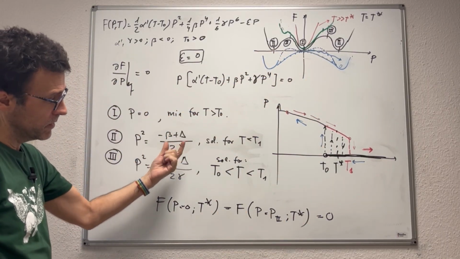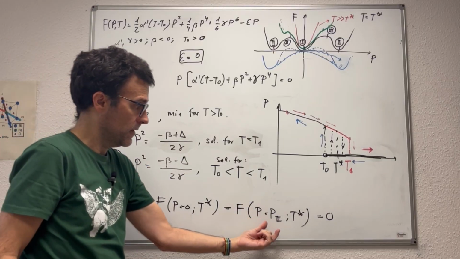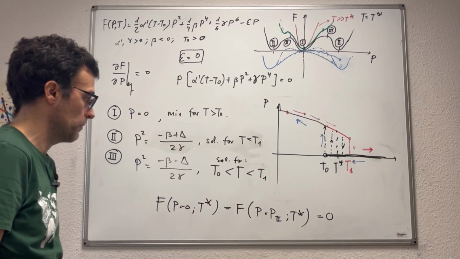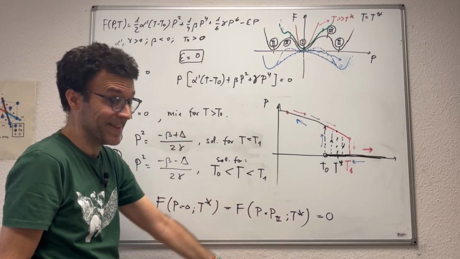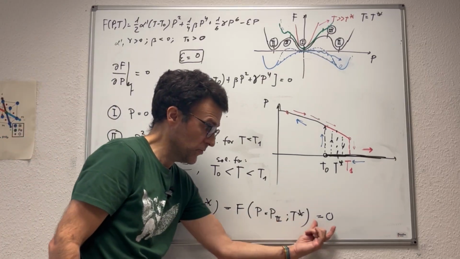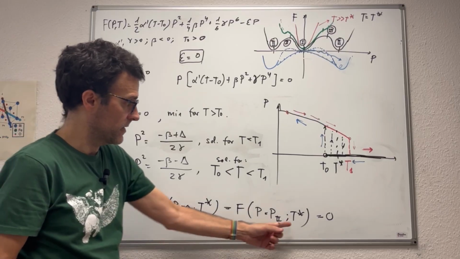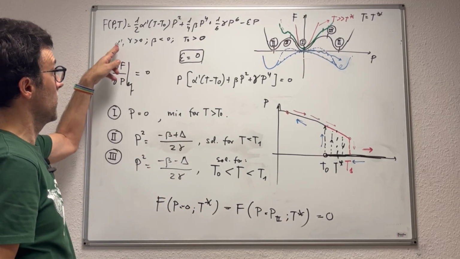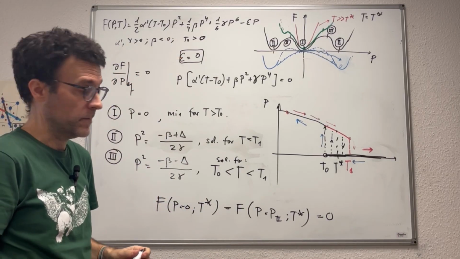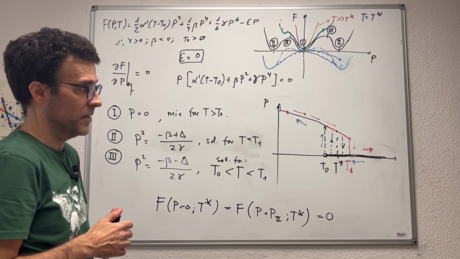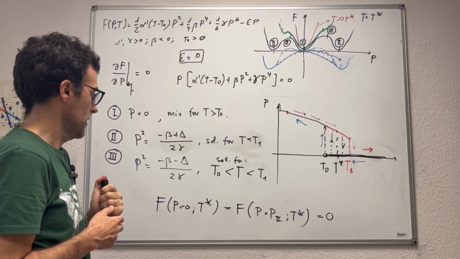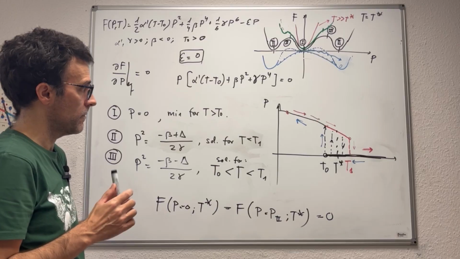It's not very difficult. Solve them for the temperature. Evaluate at T star. That has to be 0. And therefore, with that relationship, you can actually express T star as a function of alpha prime, gamma, beta. Okay? It's a bit of work. It's nice. It can be done.